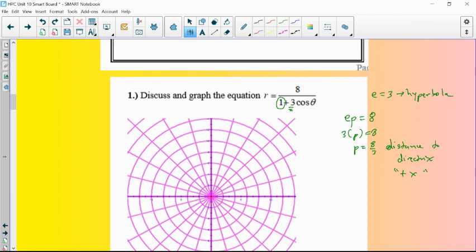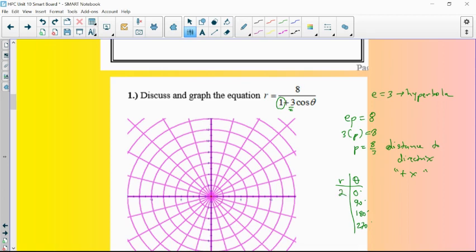Okay, but we know this is a hyperbola. So let's go ahead and get our 4 quadrantal values: 0, 90, 180, and 270. When we put in 0, cosine of 0 is 1, 3 plus 1 is 4, 8/4 is 2.